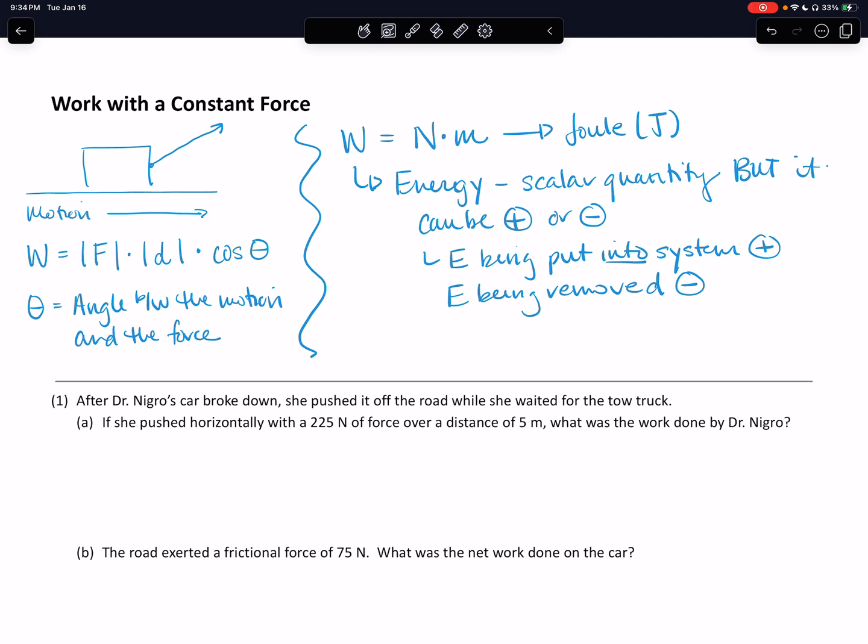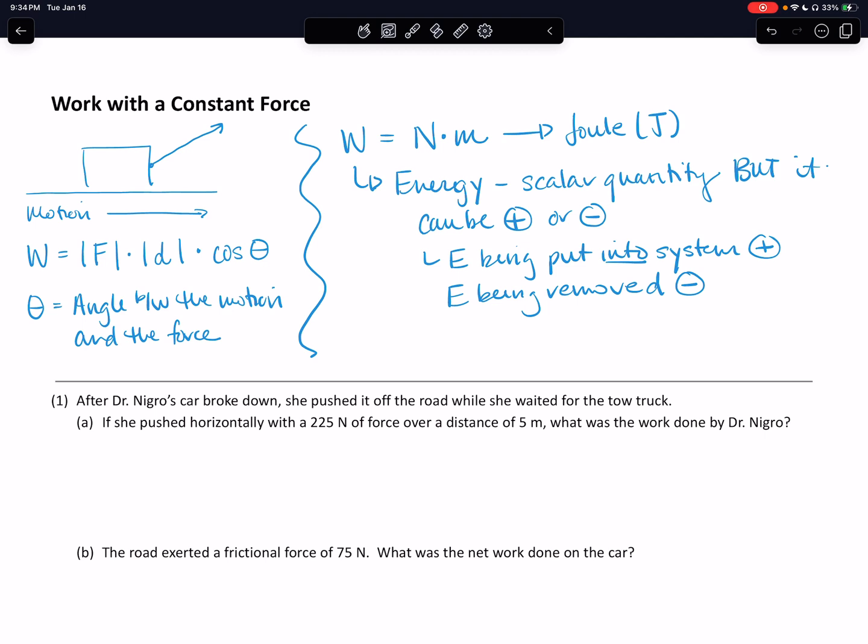Forces can also be used to remove energy from a system. Friction is a great example. And if the net force is negative, meaning that friction is greater than our applied force, then we should see our object slow down. So the sign of work is really telling us whether these particular forces, when they combine, are working to put energy in or take it out.